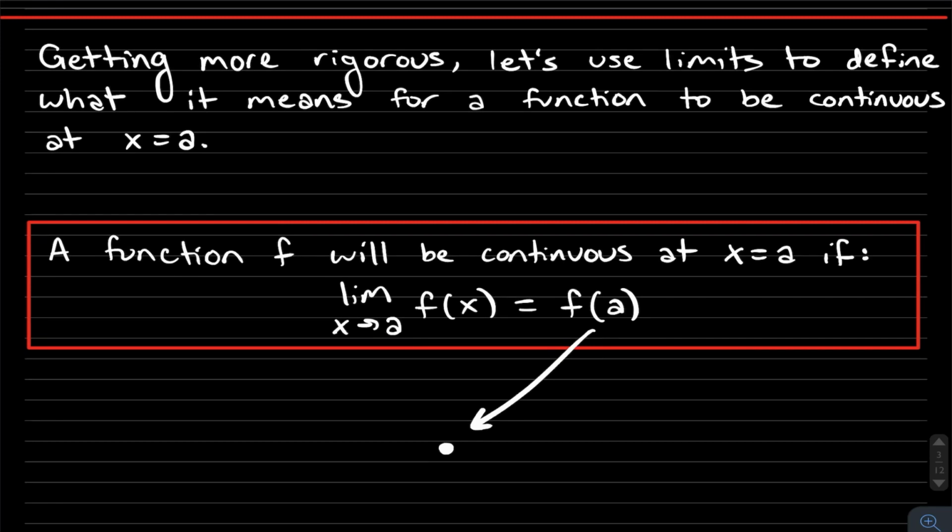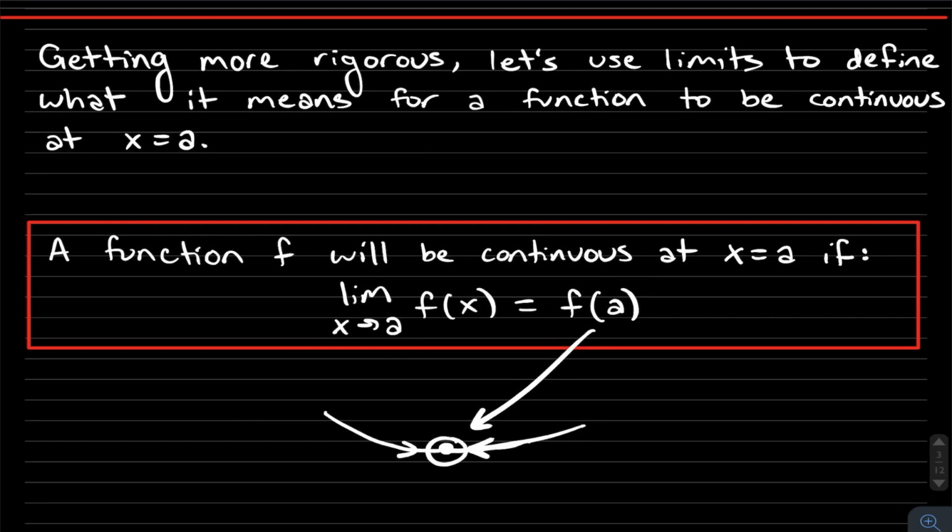That means that both parts of the curve have to line up at the point. Because the lines around the point are what we talk about when we talk about limits: where this line is going, where it's approaching. And the point itself is the actual f of a, the actual x coordinate that you're plugging in.